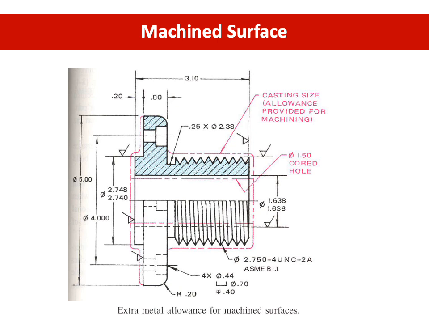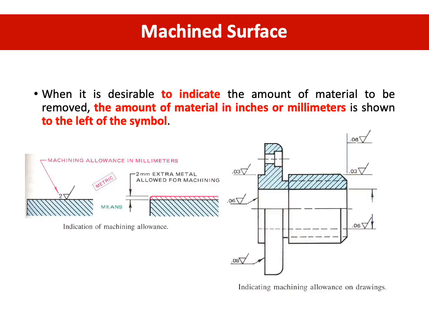Also here, one example on the metal drawing, metal objects. When it is desirable to indicate the amount of material to be removed, the amount of material in inches or millimeters is shown to the left of the symbol.